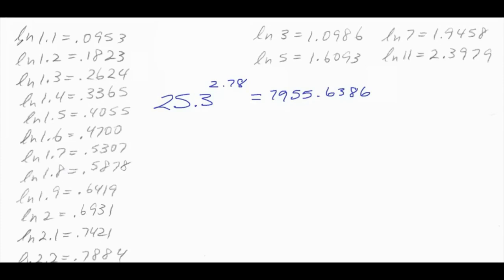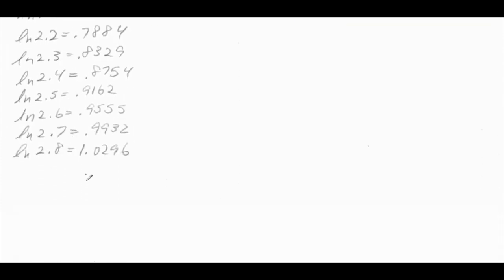So natural log of 1.1 up to log of 2.8 would be enough to do decimal powers. You don't need to go past log of 2.8 to do decimal powers, and I'll show you why.